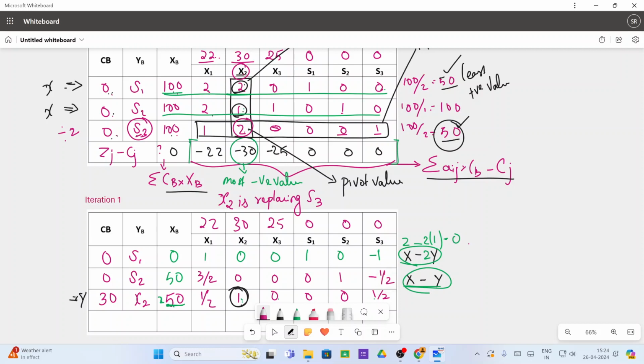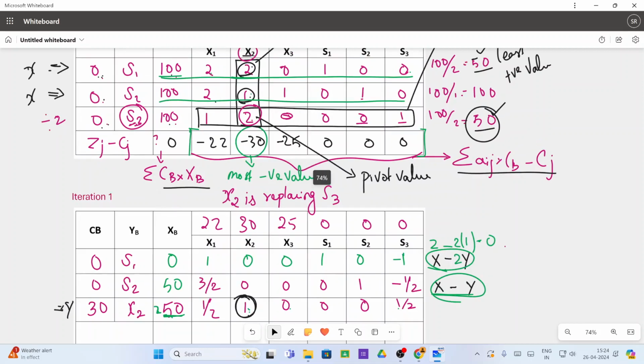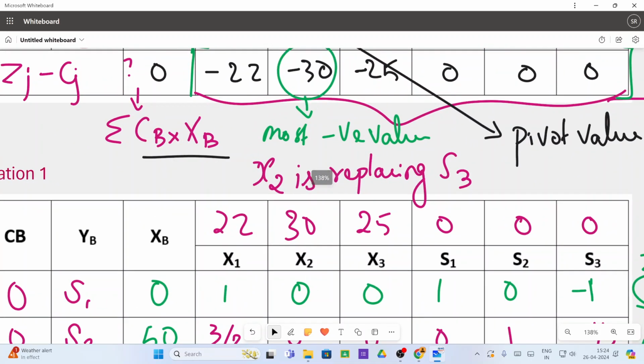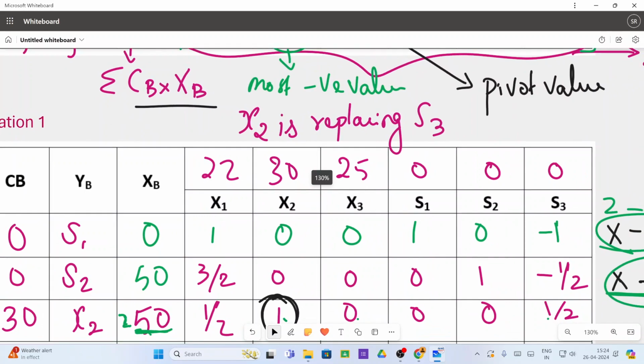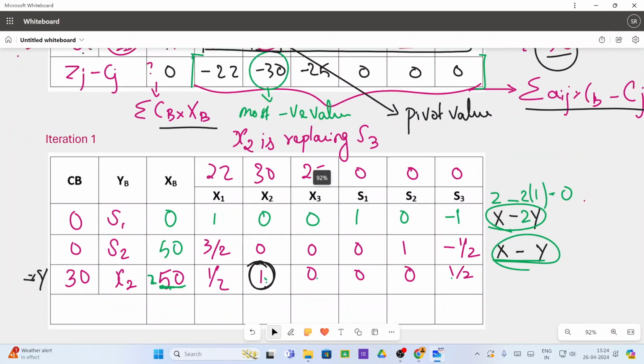Okay, so now we have filled up the second iteration. This is the first iteration, so the first iteration is done.